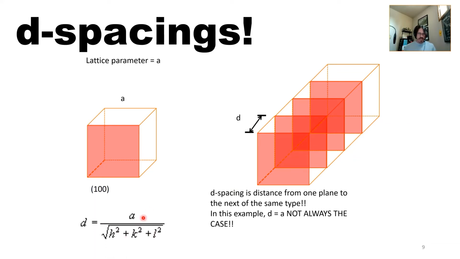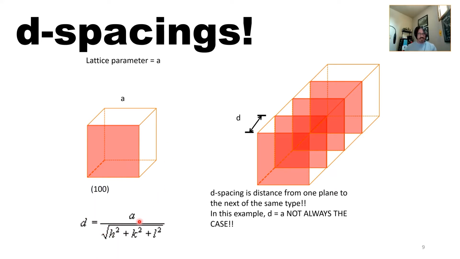We generally use this equation to calculate the D-spacing for a cubic cell: D equals A over the square root of h squared plus k squared plus l squared, your Miller indices. Here D equals A over the square root of 1. If we had the lattice parameter for our material, we could calculate the D-spacing.